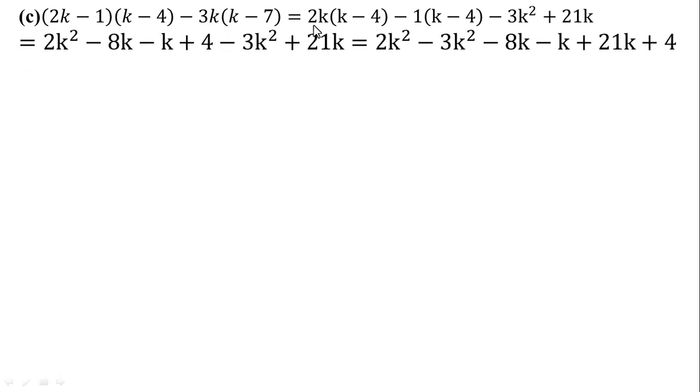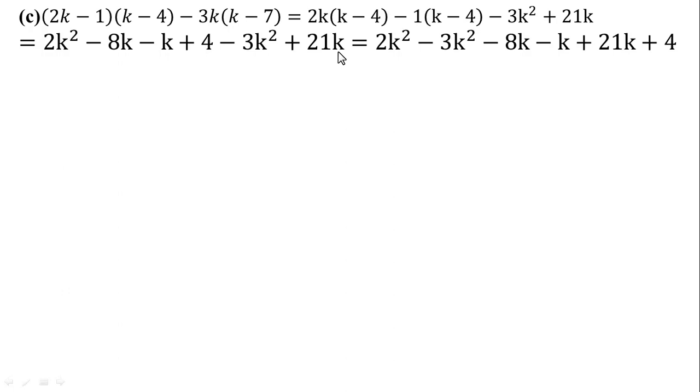Now 2 multiplied by k is 2k square, minus 4 twos are 8k, minus k, plus minus minus plus 4 ones are 4, minus 3k square plus 21k.